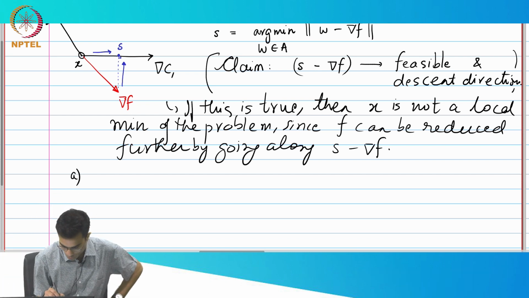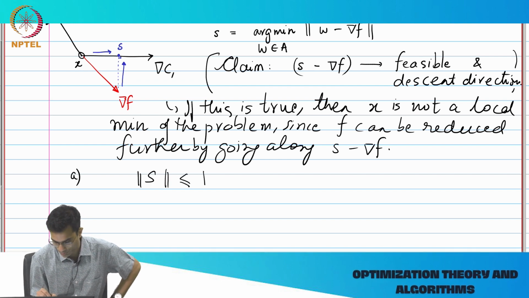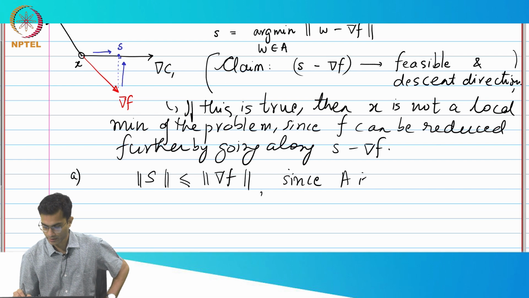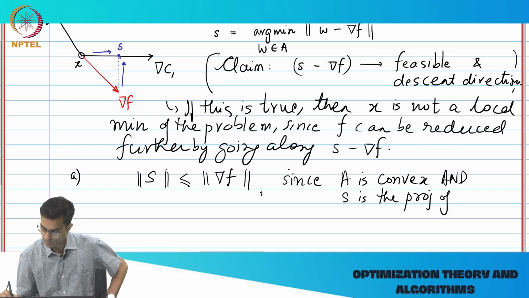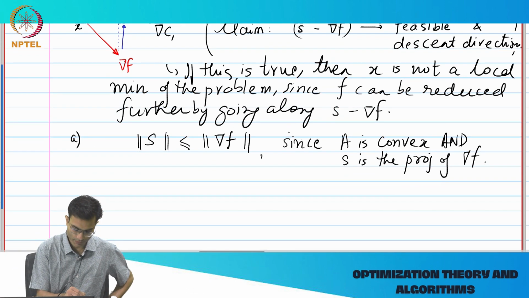Okay, so I can say that norm of S is less than or equal to norm of grad f, since A is convex and S is the projection of grad f. Okay, so everyone agrees with this.